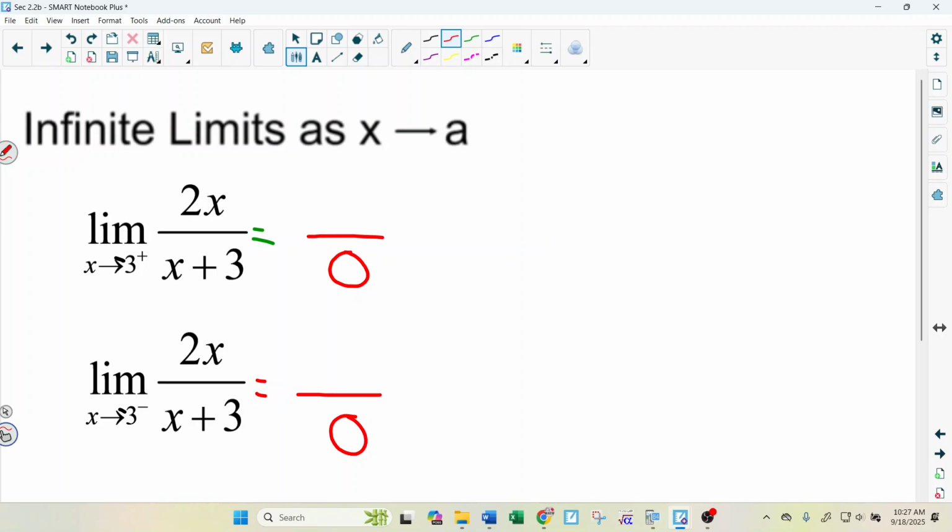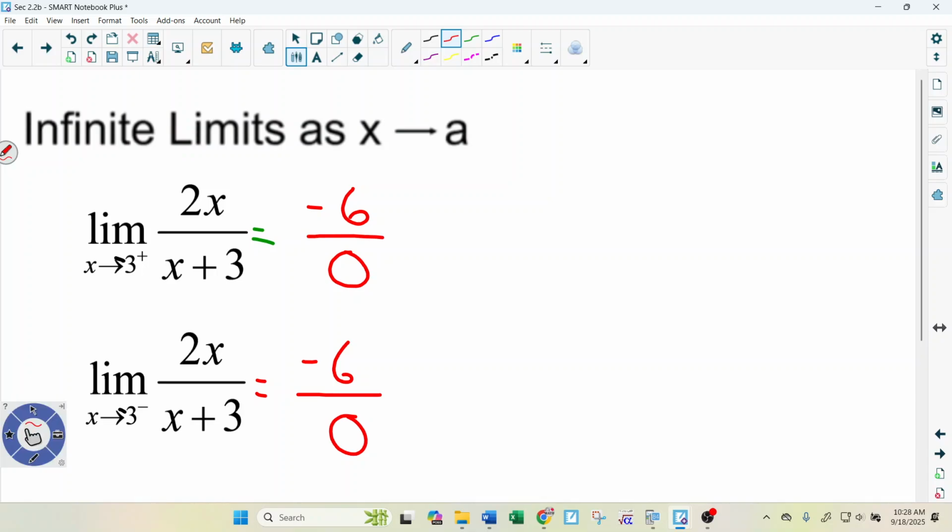As x approaches negative 3 from the right, 2x gets close to what? Negative 6, in both cases, right? This is bigger than negative 3, so this is approaching negative 6 from the right. This is approaching negative 3 from the left, so this would be less than negative 6, so it's approaching negative 6 from the left, but they're still both approaching negative 6.